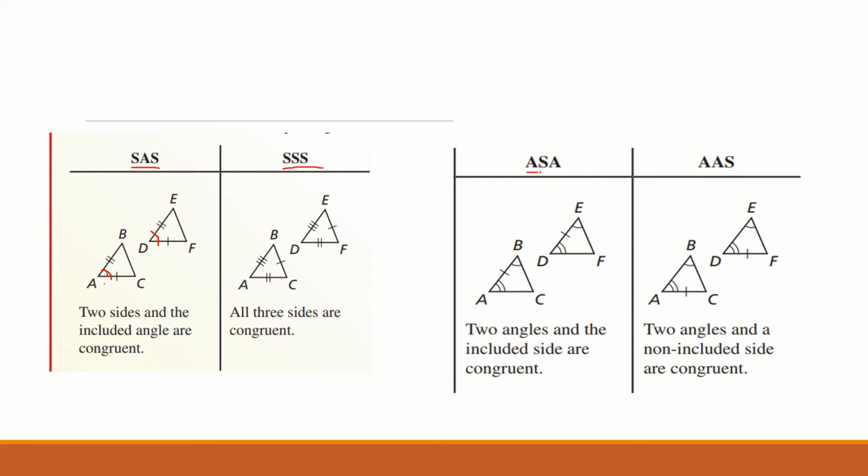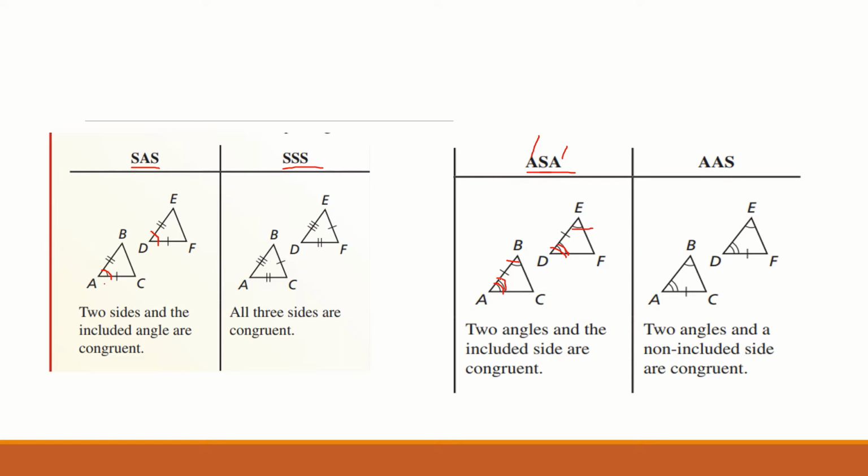Okay, then we have the ASA. When you say ASA, two angles and of course, an included side. Here, ang ating two angles, congruent. Angle B is congruent to angle E. Then angle A is congruent to angle D, and side AB is congruent to side DE.